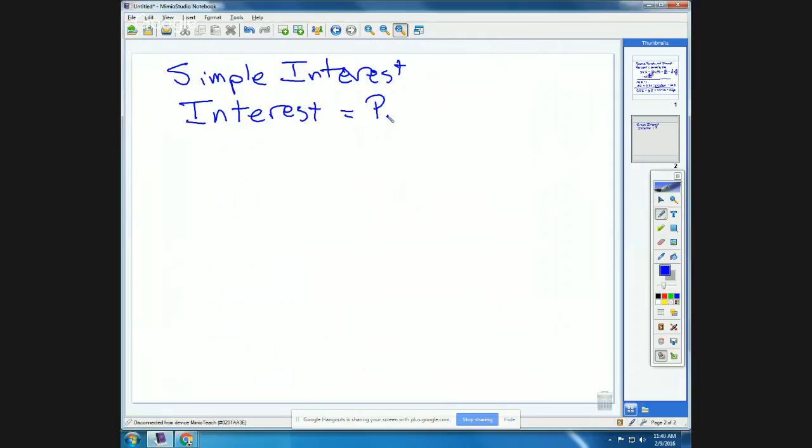Sometimes that's called the principal. Times whatever the rate is, times whatever time has expired. It's often abbreviated I equals P R T. Again, principal is another word for your balance.